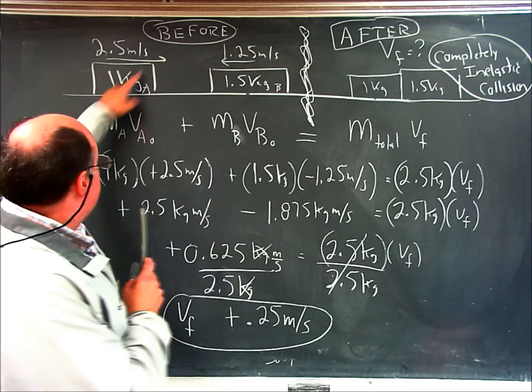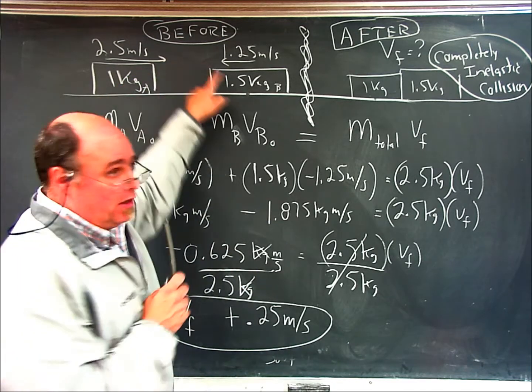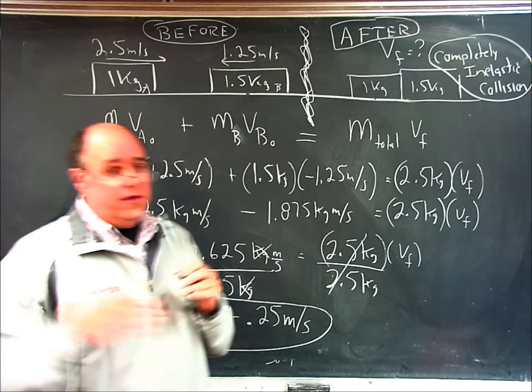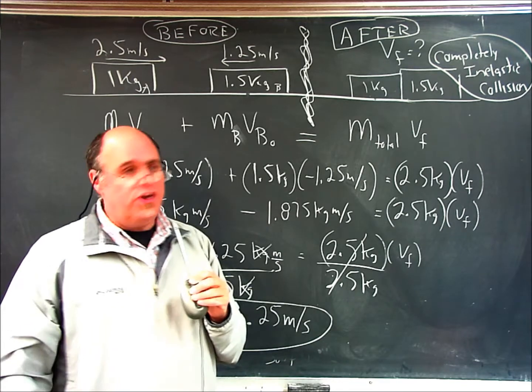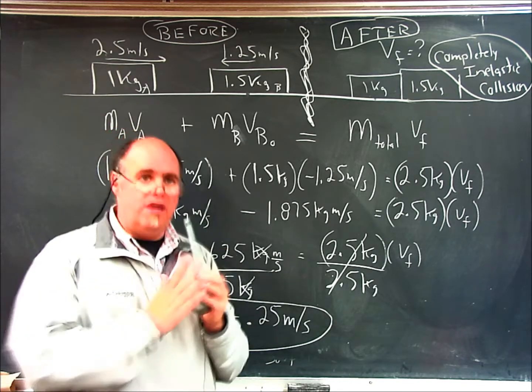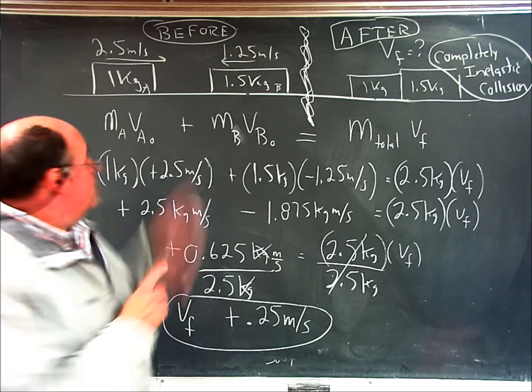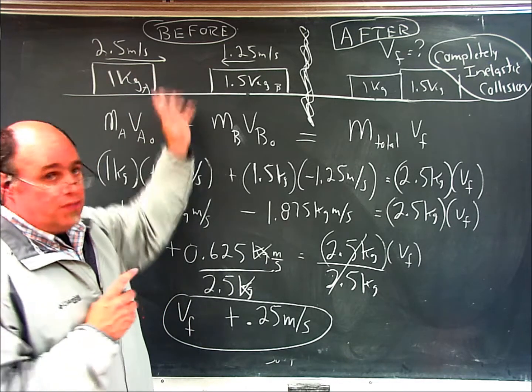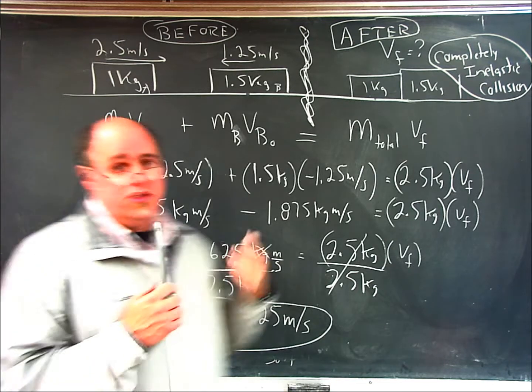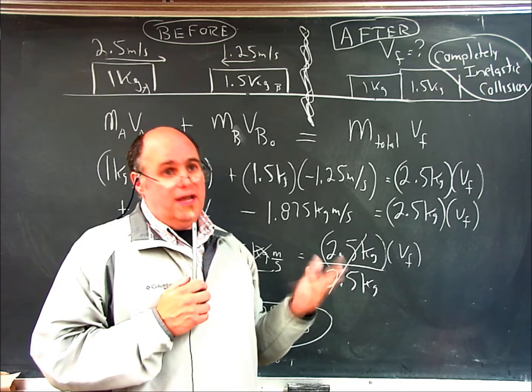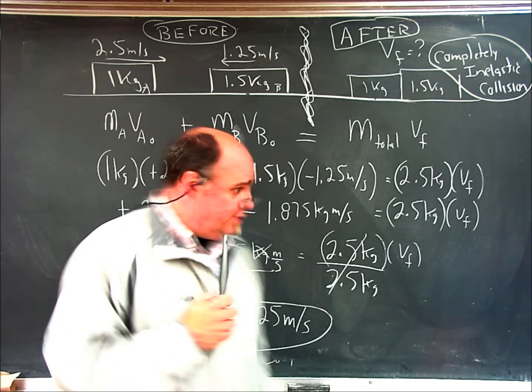Some of the kinetic energy these two had at the beginning was converted into sound energy, because people would hear the collision, or heat energy, because it might deform the metal. So usually the kinetic energy that we lose goes into sound or heat.